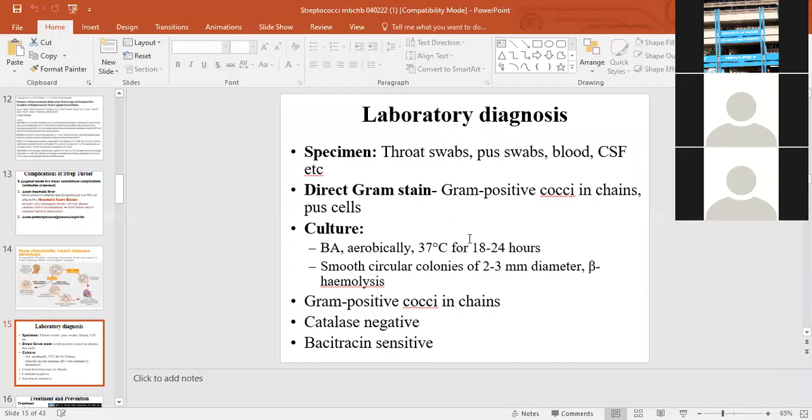Remember when we were starting, we told you that in microbiology, we have not gone full automation. We don't have a machine that we can feed all these specimens and tell from the specimen. So it's conventional.